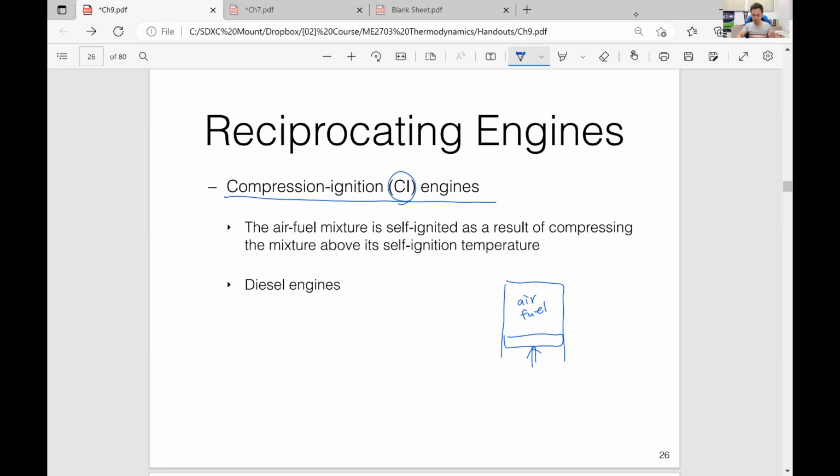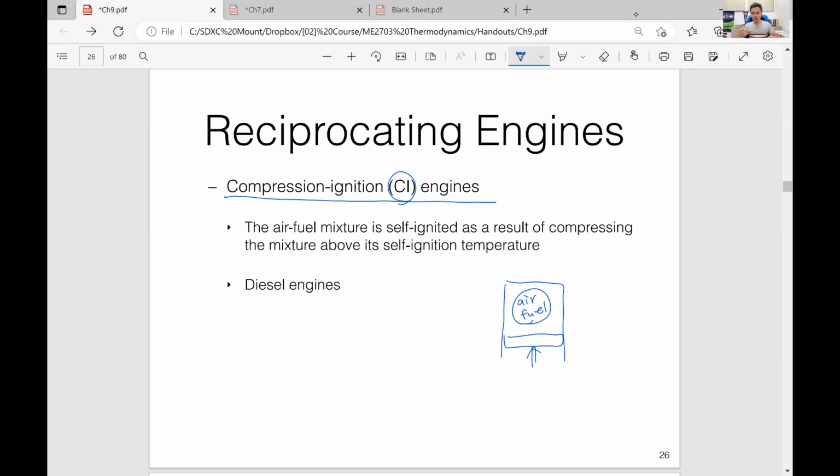If you compress this system a lot, the temperature would be higher than the auto-ignition temperature of this air-fuel mixture. When the temperature is higher than this particular point, the air-fuel mixture will burn.